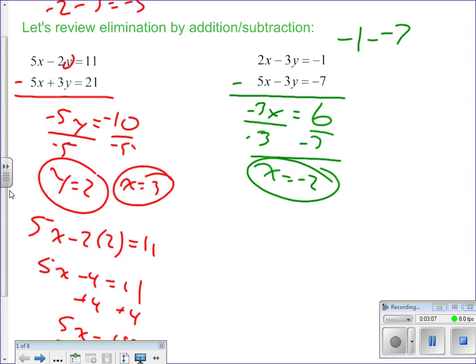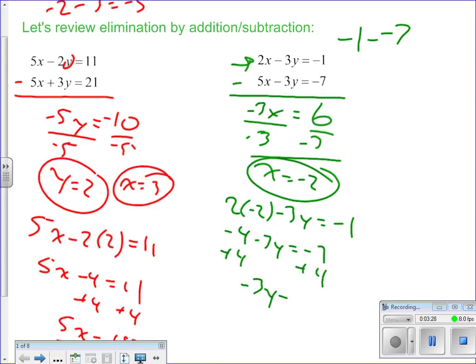And then I have to do the same thing in the last one, plug negative 2 in either equation. I'm going to put it in the top one again. So 2 times negative 2 minus 3y equals negative 1. Negative 4 minus 3y equals negative 1. Add 4 to both sides.